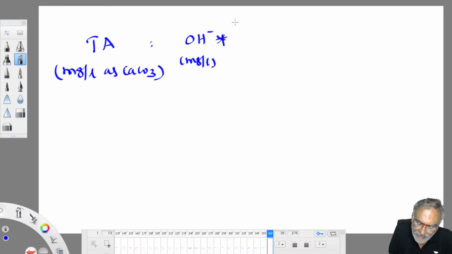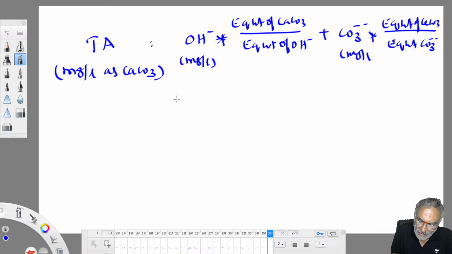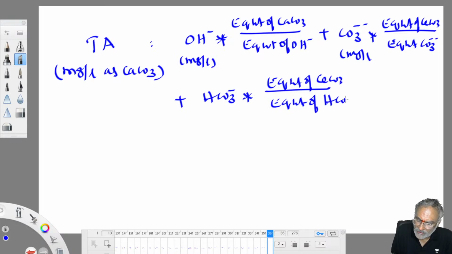Therefore it is multiplied with the equivalent weight of CaCO3 by equivalent weight of OH minus ions, plus carbonate ion concentration in milligram per liter into equivalent weight of CaCO3 by equivalent weight of carbonates, plus bicarbonate ion concentration into equivalent weight of CaCO3 by equivalent weight of bicarbonates.